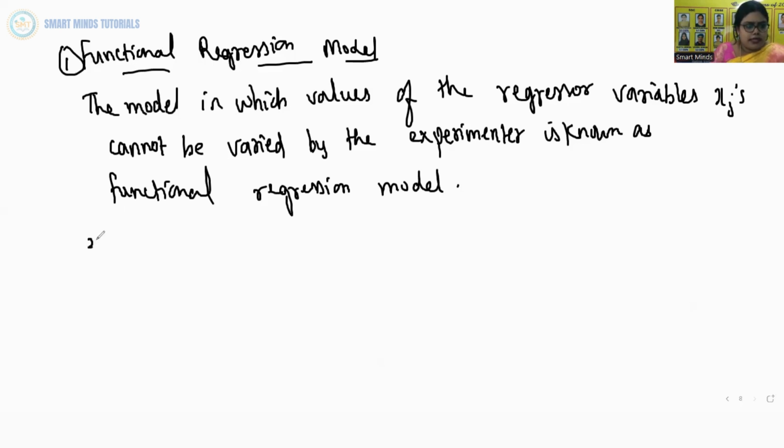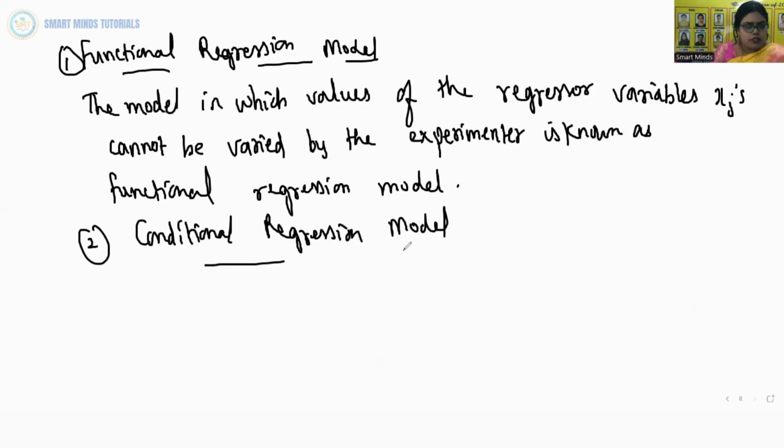Now let's see the second one. What is conditional regression model? Where the values cannot be varied, it is functional, and where the values can be varied, it is conditional.